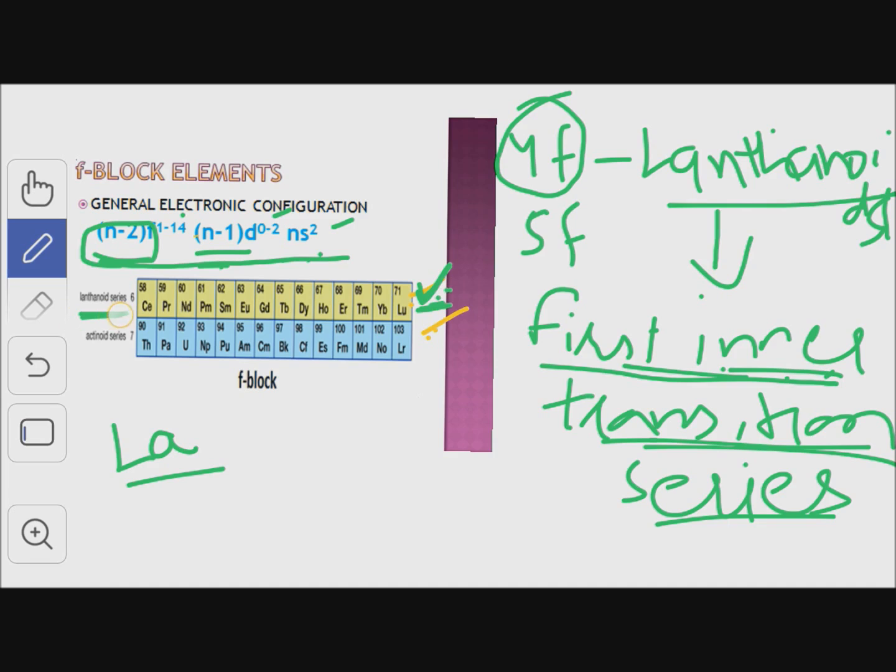Lanthanoid series in earlier days were called rare earth elements.